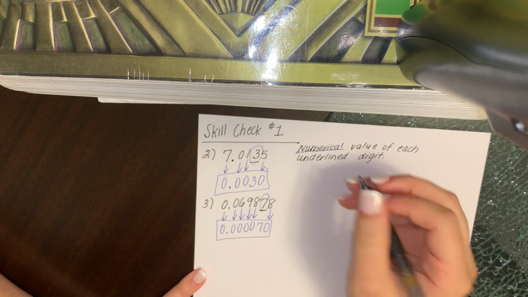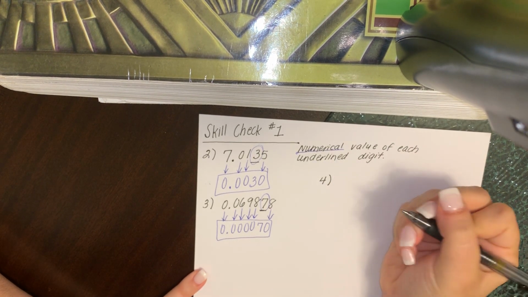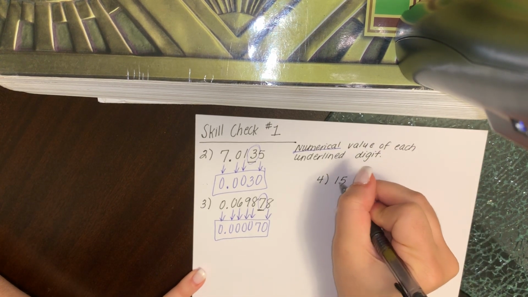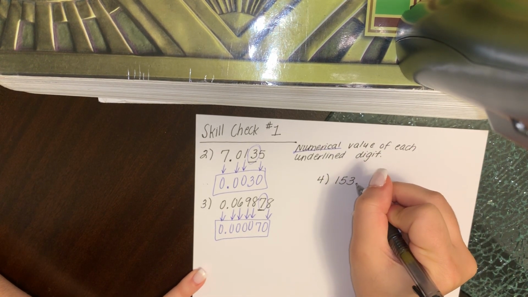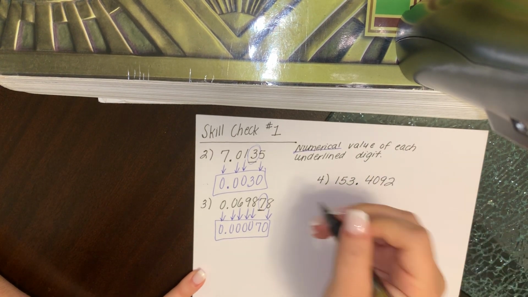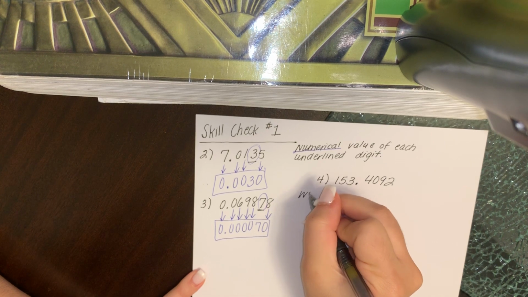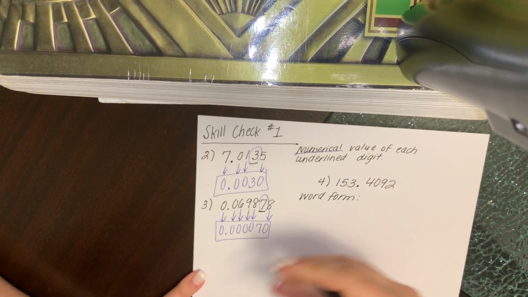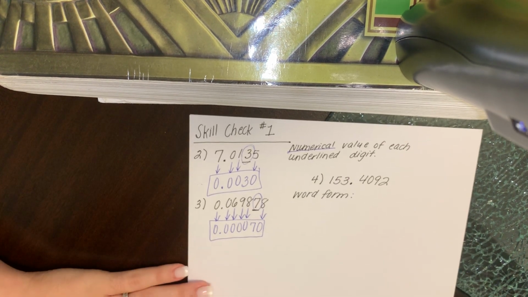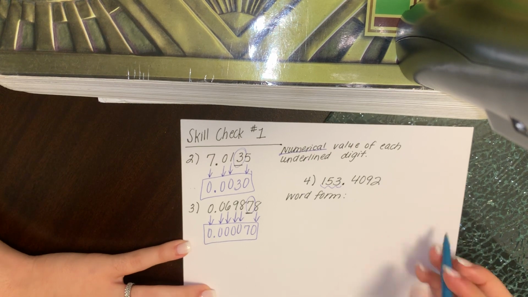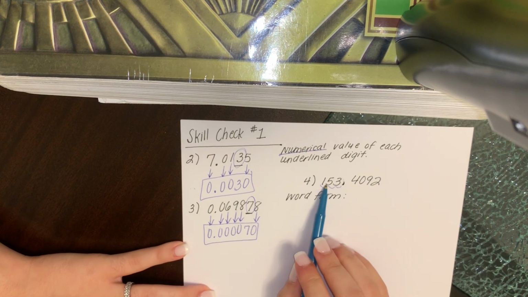So now number 4, here's what we're going to do. It says here I have this number 153.4092, and they want you to put it in word form, meaning they want you to actually write out what number this is, okay? So we're going to start off with the first part. I think the first part's always the easiest. You read the number as it is.